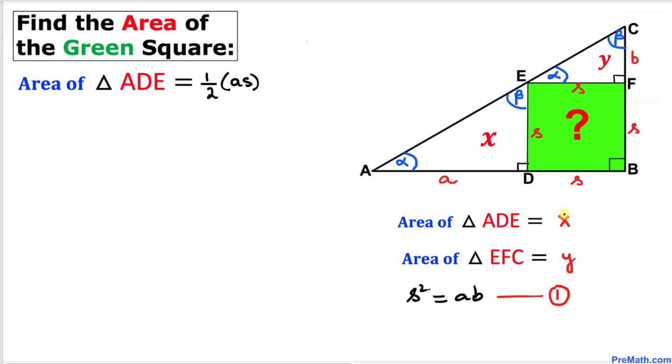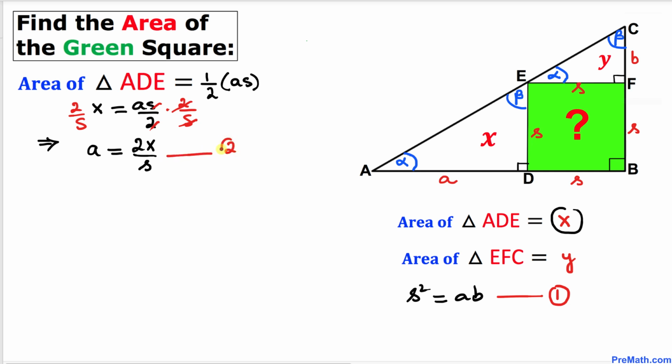But we know that the area of triangle ADE is x, so I can equate x equal to as divided by 2. Let's solve for a. I'm going to multiply both sides by 2 over s. The s and s are gone, 2 and 2 are gone. So we simply get a equal to 2x divided by s. Let me call this equation number 2.